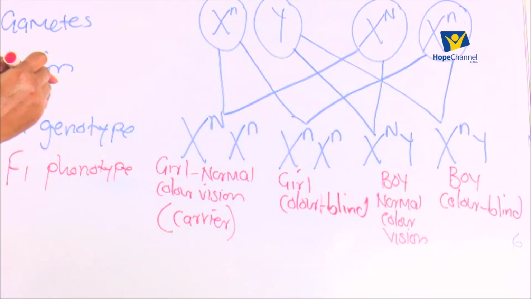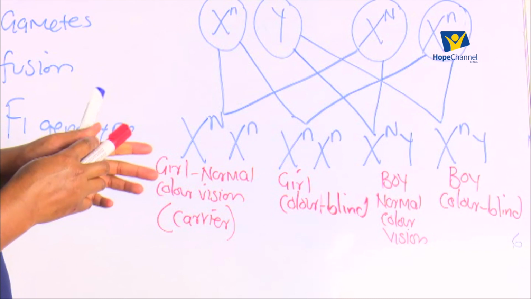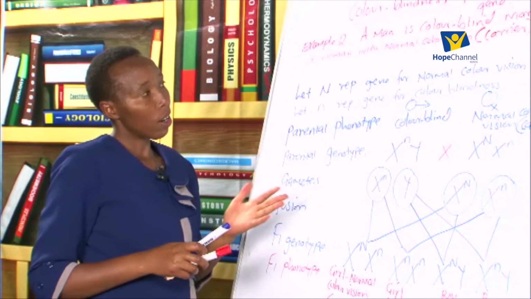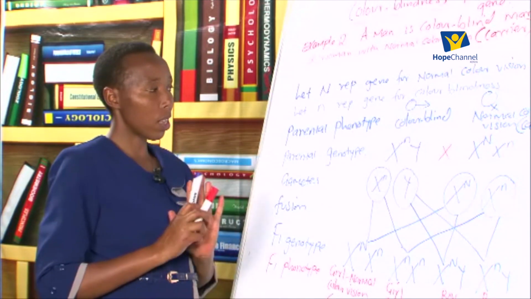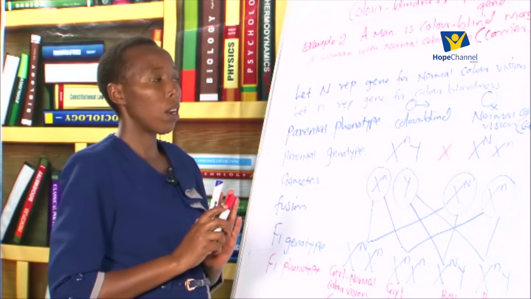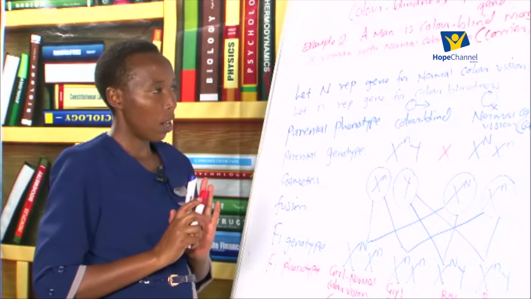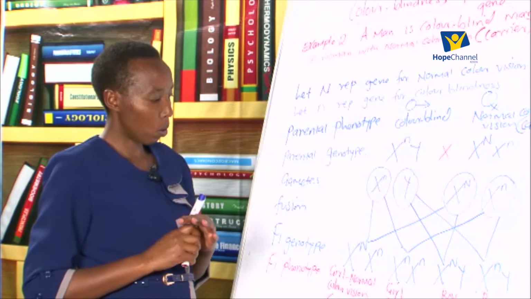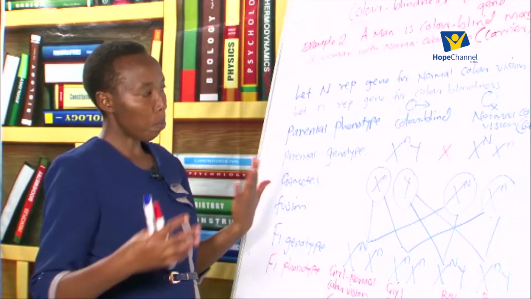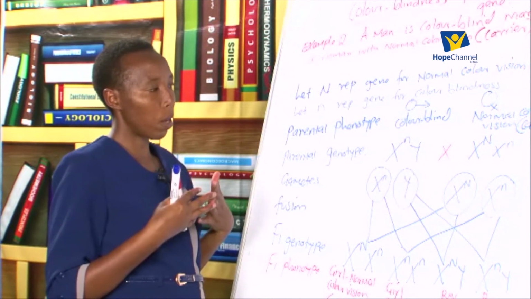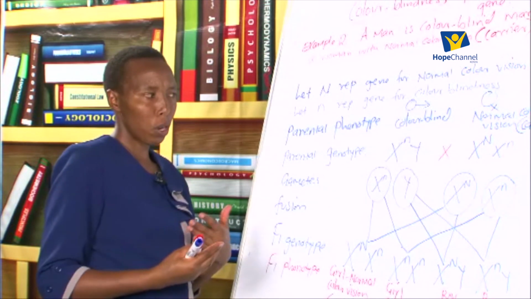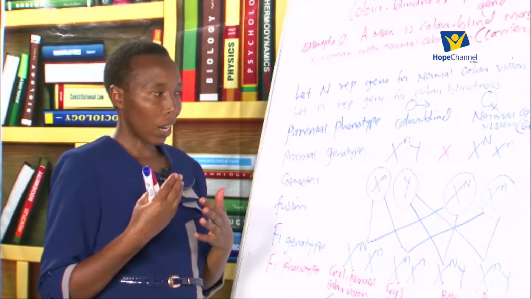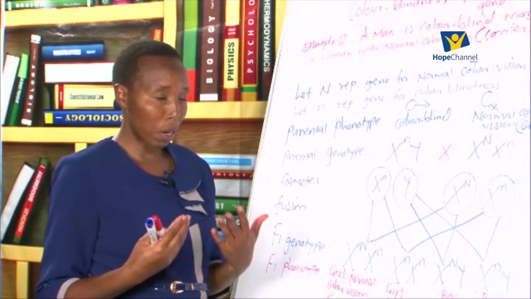Now, let's do a quick interpretation of what we have done. The man was very sure that he is colorblind, and the female was very sure that she has normal color vision. Of course, in this family, they will expect at one point to have children who are colorblind.